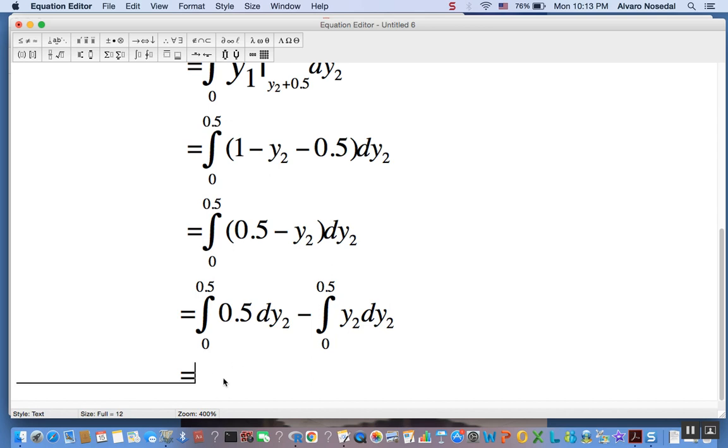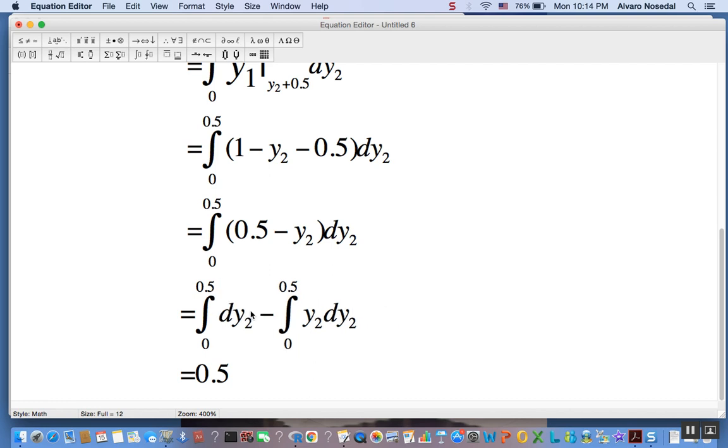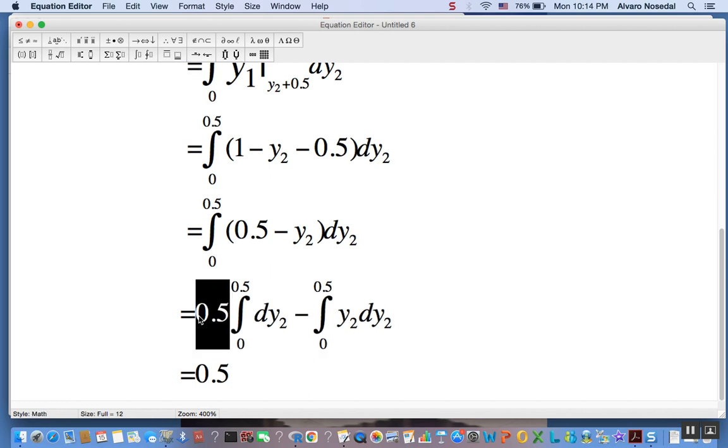So let me be lazy here. It's going to be just y2 evaluated at 0.5 minus 0, but we get to factor out that 0.5, so it's just going to be 0.5 times 0.5.